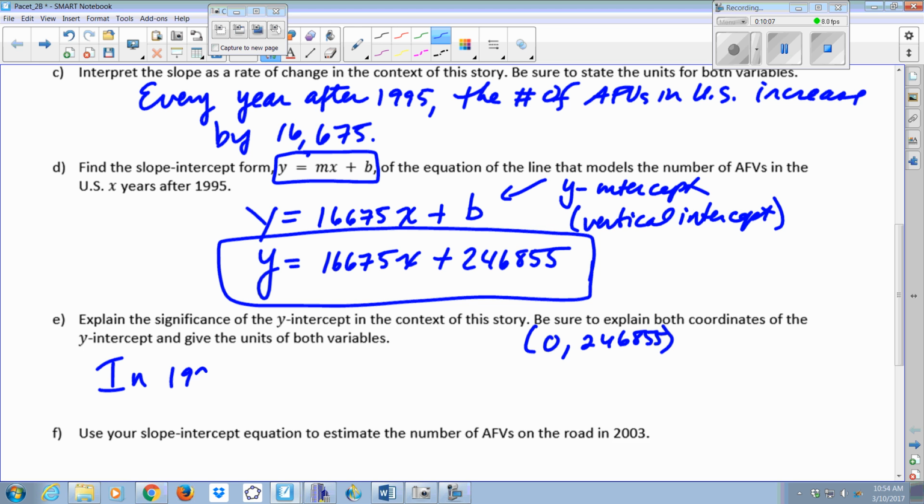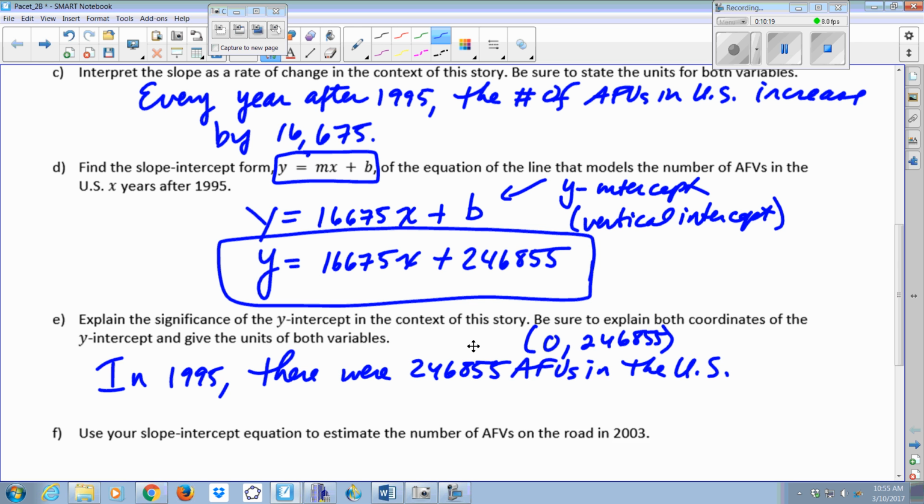In 1995, yep. Yep, perfect. So in 1995, because 0 represents the number of years after 1995, so that's our beginning point, 1995, and that tells us the number of AFVs in the US.